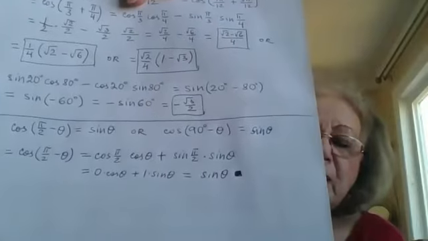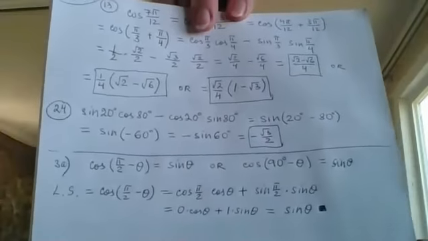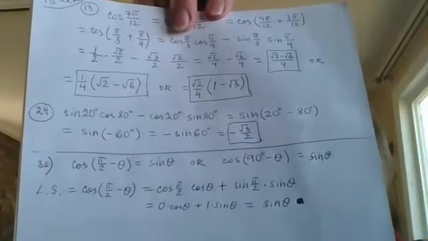Yes. Sine theta times 1, is it just sine theta? Yes. Are we done with proving? Yes. I put that square, which means the end of proof. We proved that. So this is a working, correct formula.